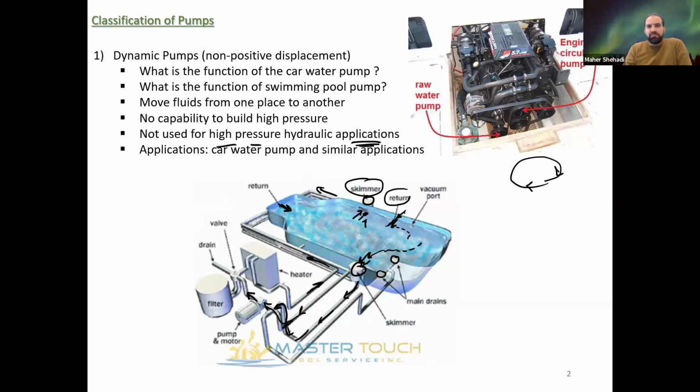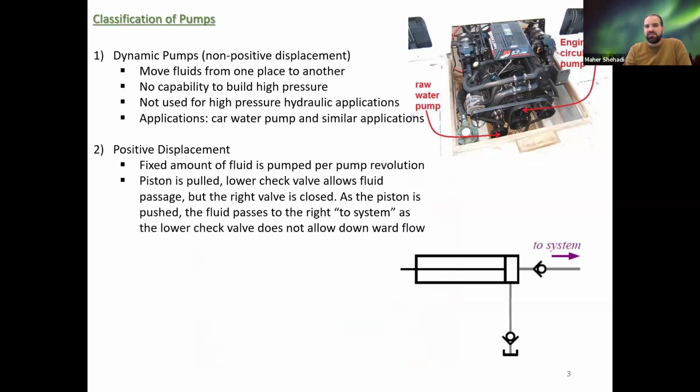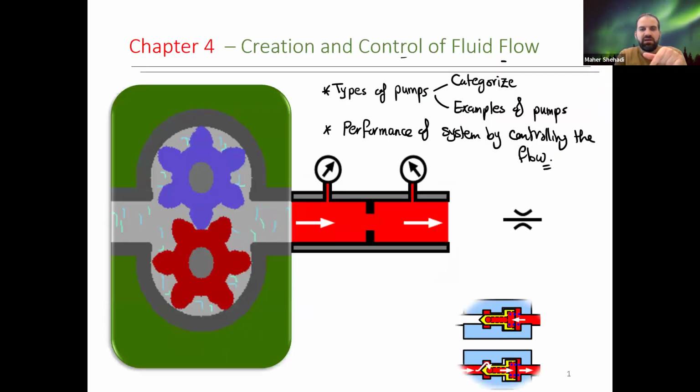That's why in our discussion we'll be mainly talking about the positive displacement. I can't recall what we did in fluid power, but I believe we did piston pumps, vane pumps, and gear pumps. Okay, and that's what we saw here on this slide. That's a gear pump example, or it's just a sketch for a gear pump.